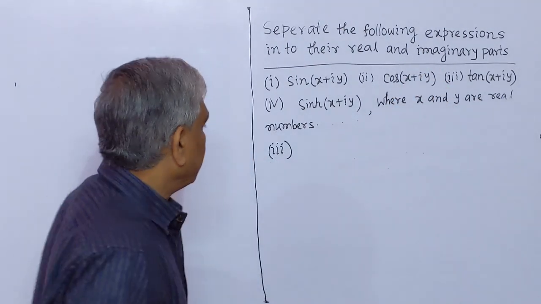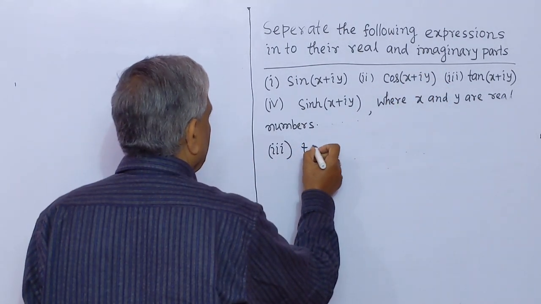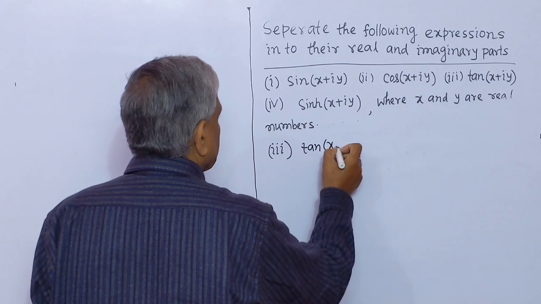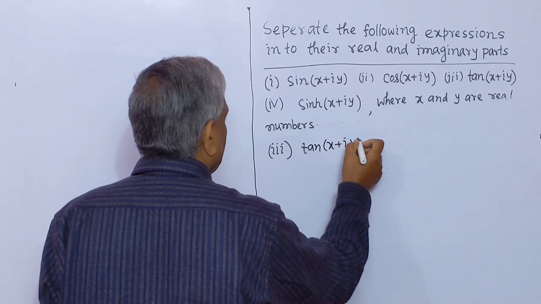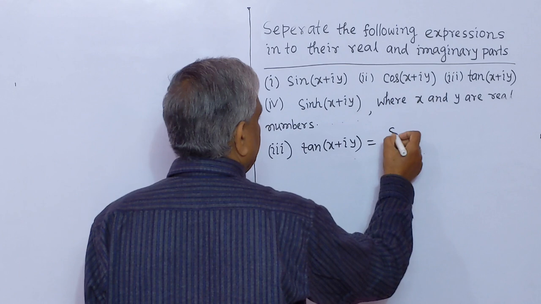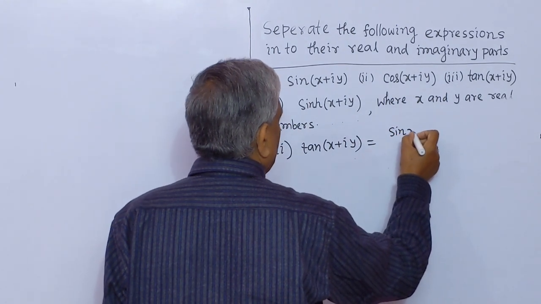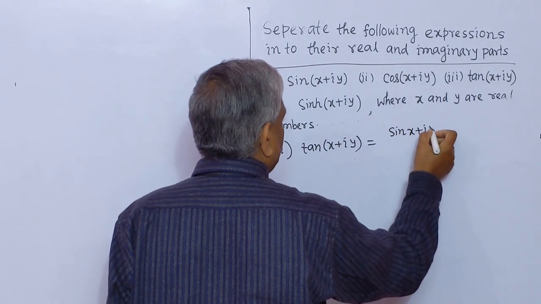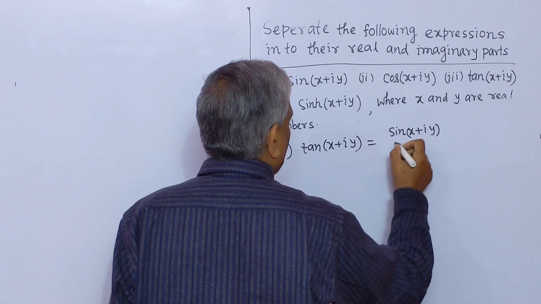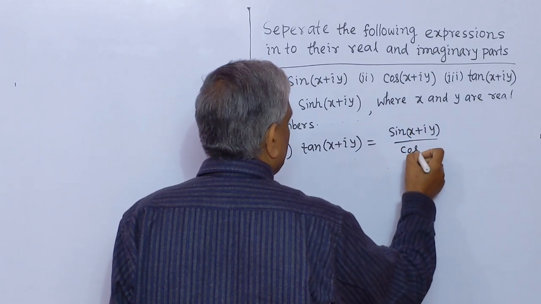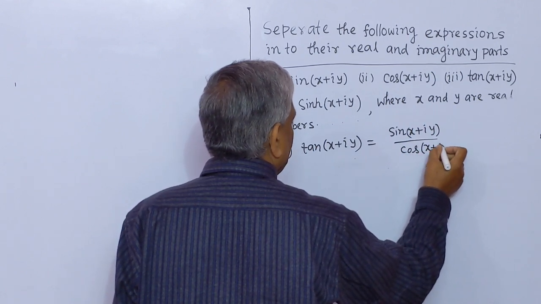Number 3, tan(x + iy). This is equal to sin(x + iy) by cos(x + iy).